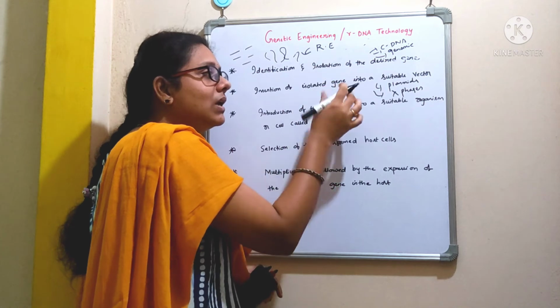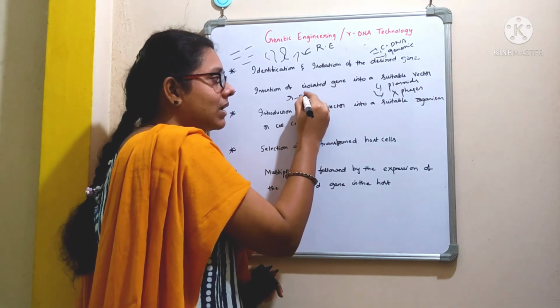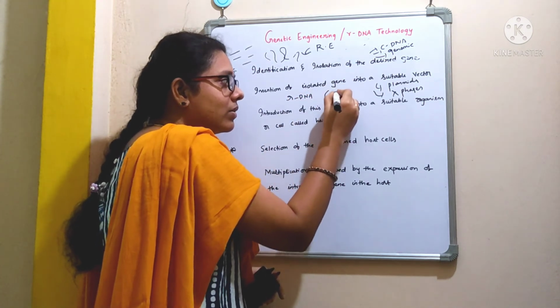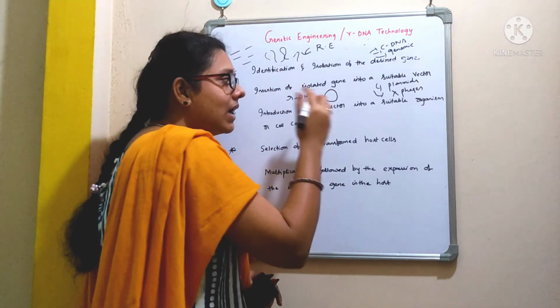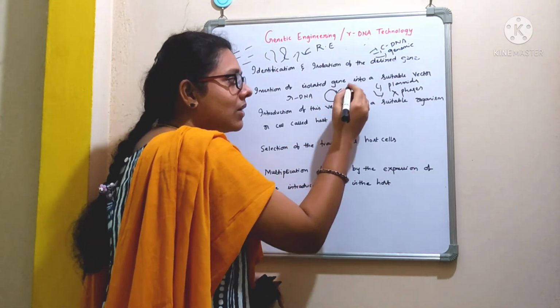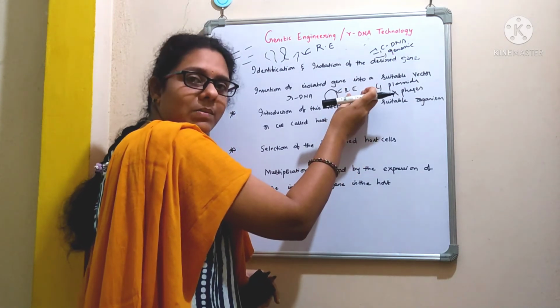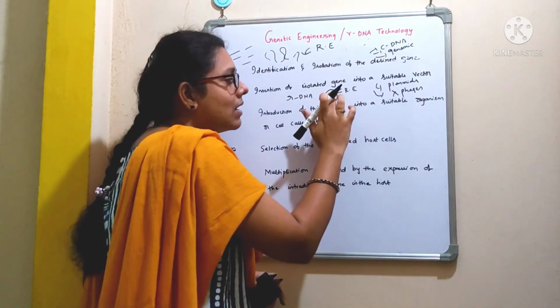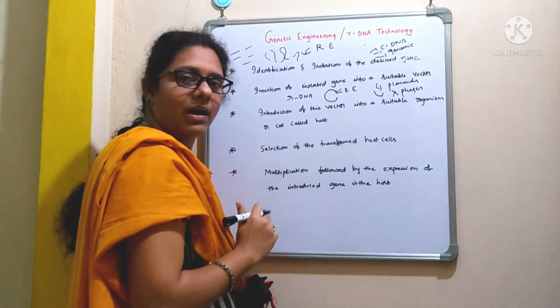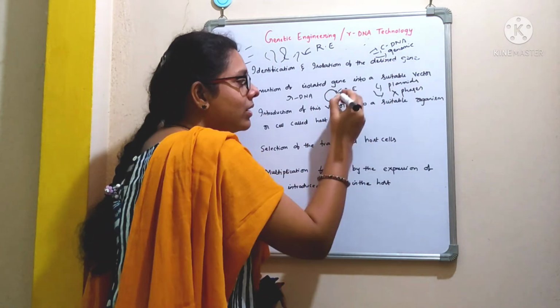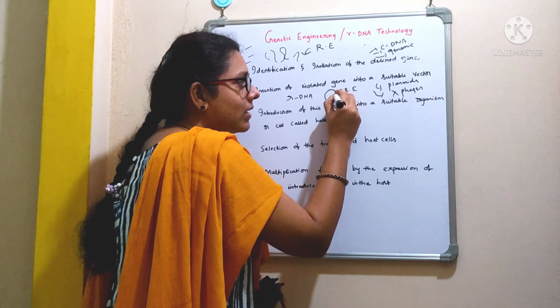So for that you need to make a recombinant DNA molecule where you are going to choose a vector and again cut this vector with the help of restriction enzymes. These restriction enzymes are nothing but DNA cutting enzymes. Now you are going to open this vector and introduce this gene of interest.